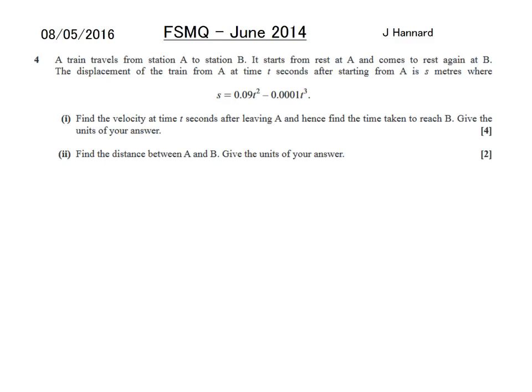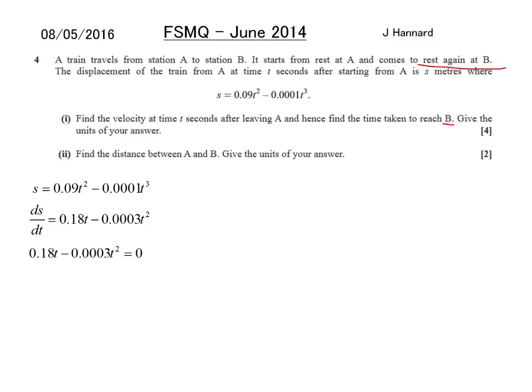So, the relationship between displacement and velocity is through differentiation. So we have ds/dt, and we end up with that. Power to the front, knock 1 off the power, and then that is your velocity, and we know that it gets to 0 again once it's reached the point B, because it says it comes to rest again at B. So we'll set our velocity function equal to 0, take a t out, and you end up with that.